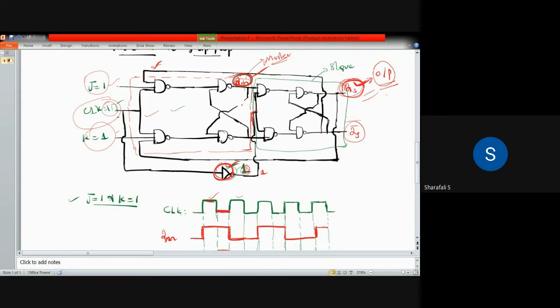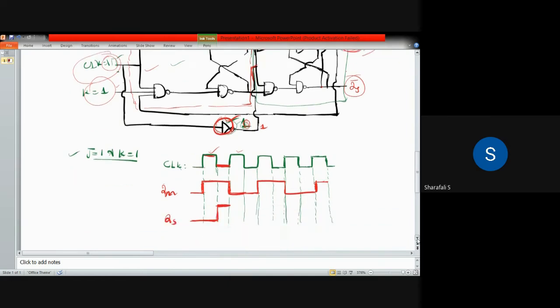So it will be just active, and you are having the same input as this QM. That is not going to change because your master is inactive. Since your master is inactive, the output of the master remains the same. Okay, so your output of this slave, QS, also remains as such. Okay. So in this time your output will be 1, and it will continue in the same.